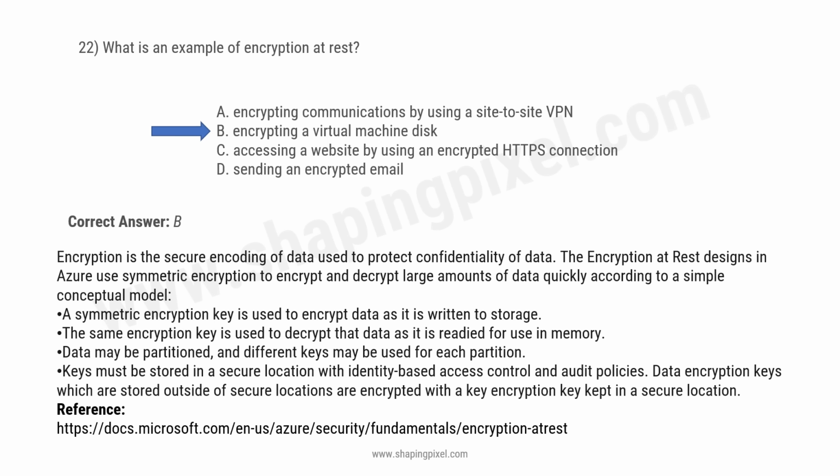The same encryption key is used to decrypt that data as it is read for use in memory. Data may be partitioned and different keys may be used for each partition. Keys must be stored in a secure location with identity-based access control and audit policies. Data encryption keys which are stored outside of secure locations are encrypted with a key encryption key kept in a secure location.